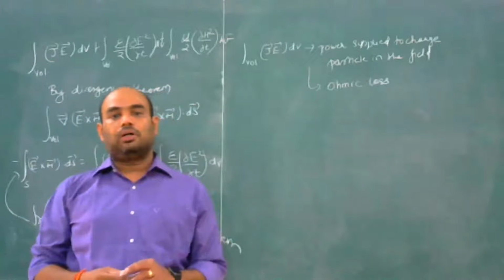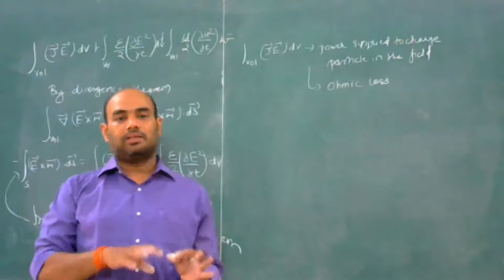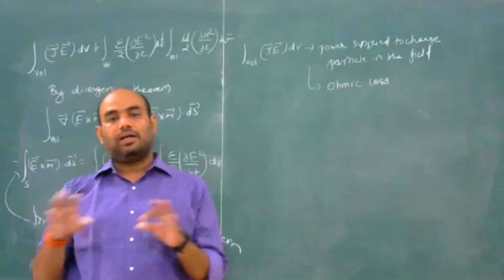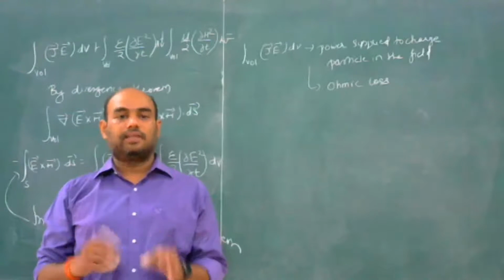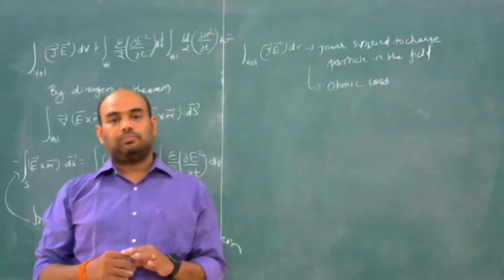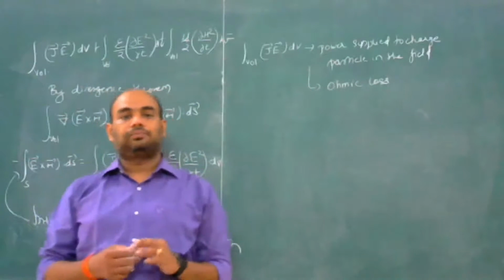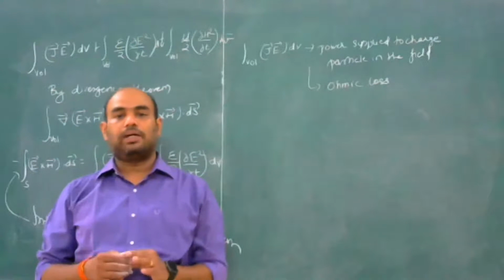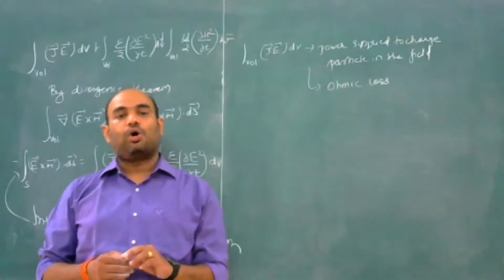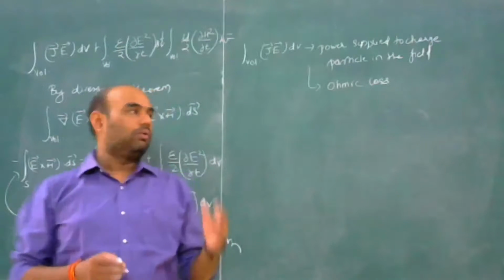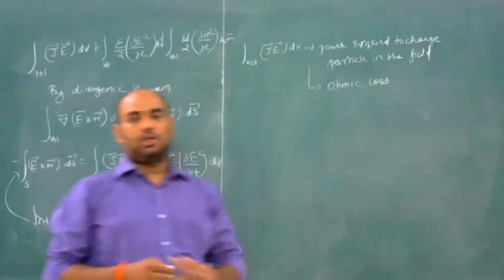External force is doing work in making the charged particle move against the field when the integral is negative. So in a conductive medium, J is equal to sigma E, and the term represents the power dissipation or the ohmic power loss.